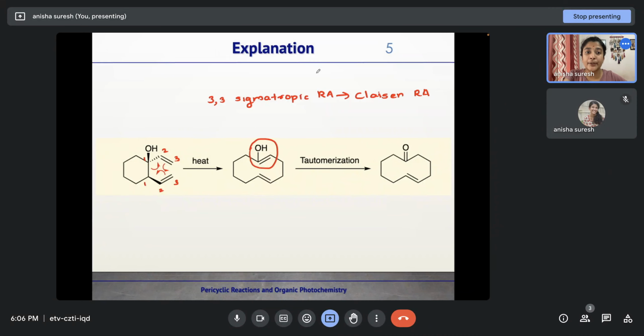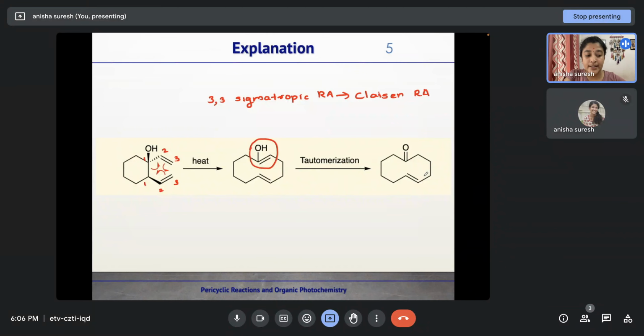Once the 3,3 sigmatropic rearrangement has taken place, we get a molecule like this, which has an enol. We know that compared to enol, ketone is more stable, so it will undergo tautomerization, resulting in the formation of the ketone. Is the mechanism clear? I hope it is clear.